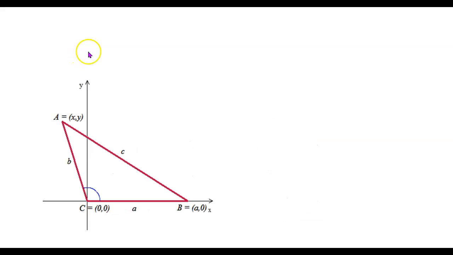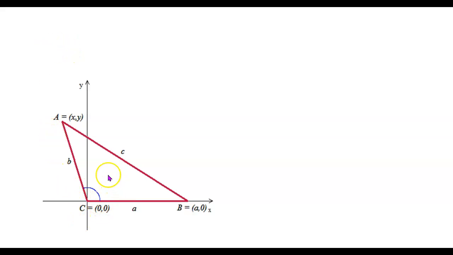But here's the proof. And the version of the proof that I'm going to show you is kind of algebra-y, and I've seen other proofs that are more geometry flavored. I might link to one of those that you can look at if you like that approach better. But here's one approach.